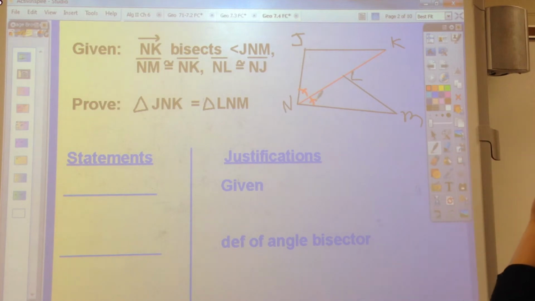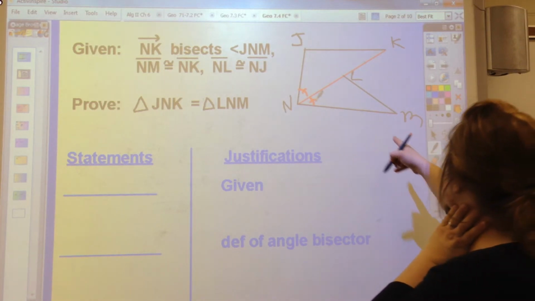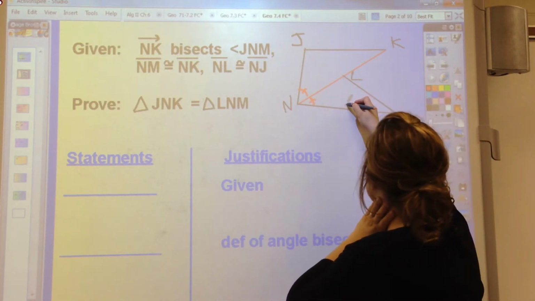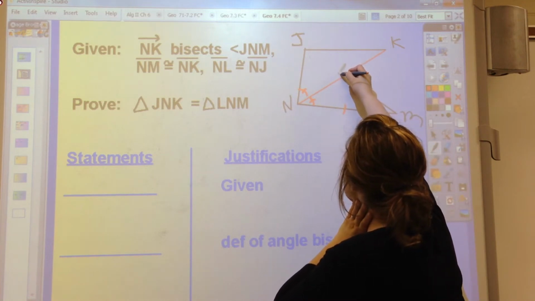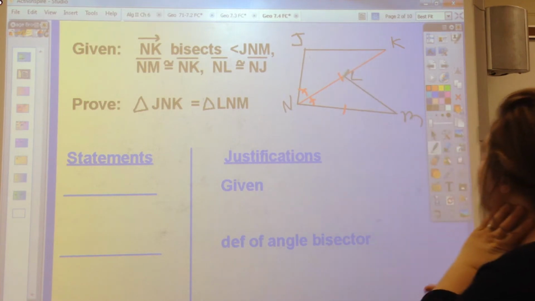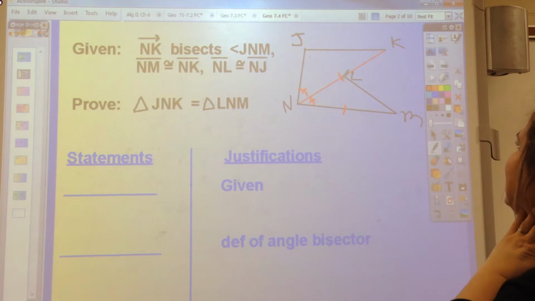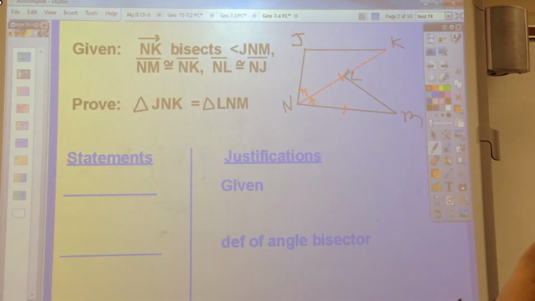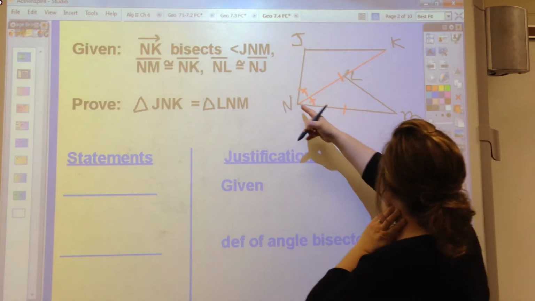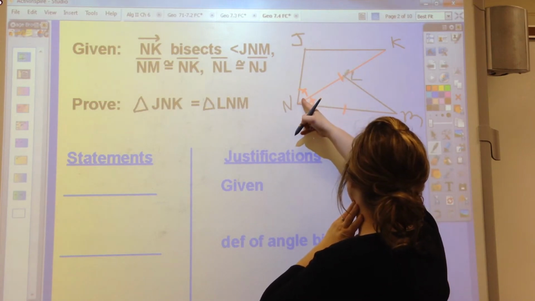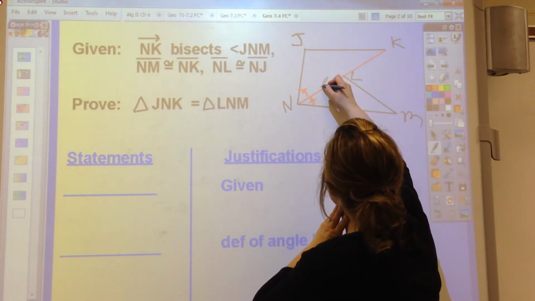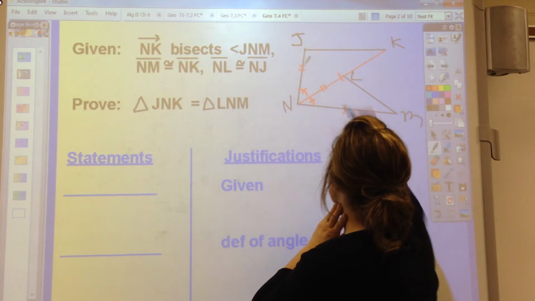And then my NM is congruent to NK, so I can say this side is congruent to this side. And I also know that NL is congruent to NJ. So NL from here to here is congruent to NJ right here.